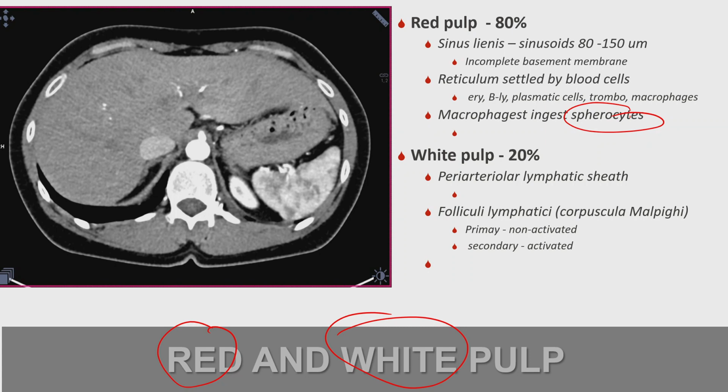Originally, it is an old erythrocyte, which is too old. How long is the life of erythrocyte in general? Who knows? 180. Too much? 120, about. Yeah, mean life is about 120. So it's easy. This is about 4 months.